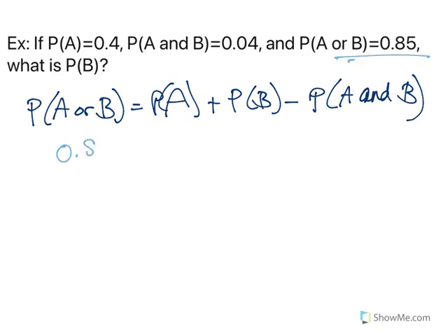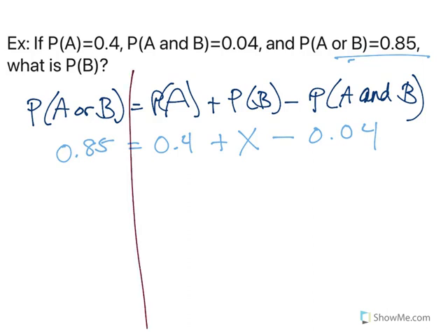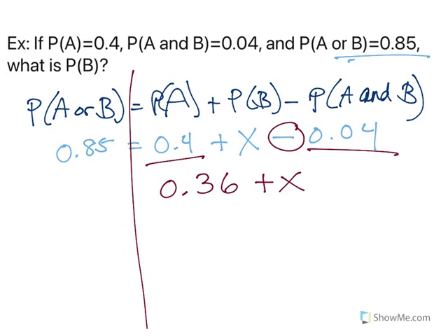Because once you have this written out, you can just plug in what you know. A or B is 0.85. The probability of A is 0.4. I don't know the probability of B, but A and B is 0.04. So now when I combine on the right side, we're solving an equation. 0.4 minus 0.04 gives me 0.36, and I still have an x, and that equals 0.85.